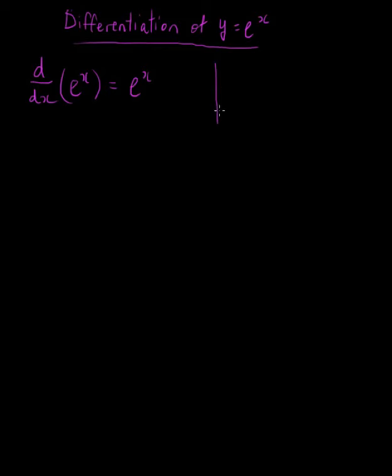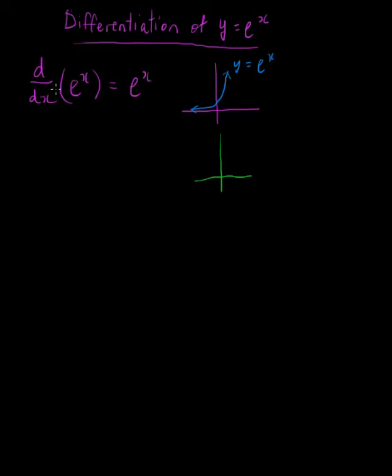What that really means is that the graph, so let's say this is your y is equal to e to the power of x graph, if I were to draw another graph, its differential function, it will look exactly the same.